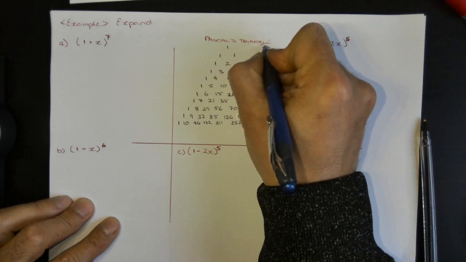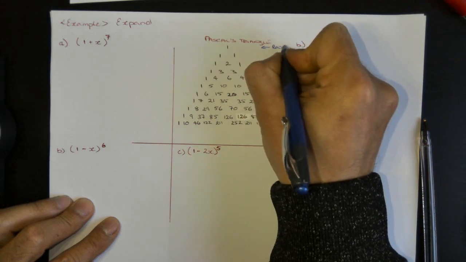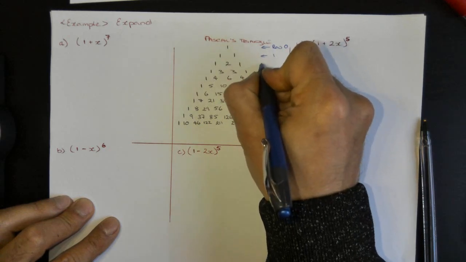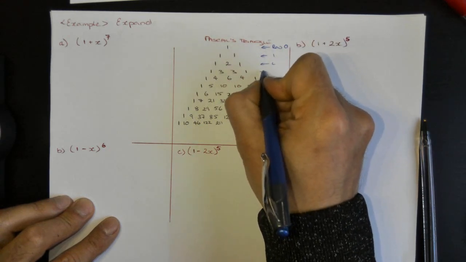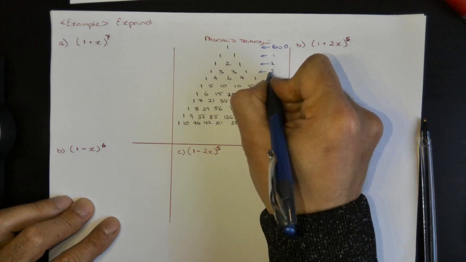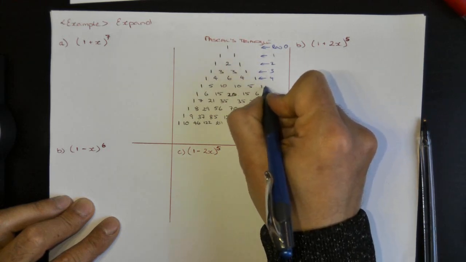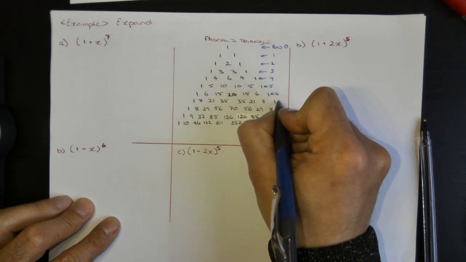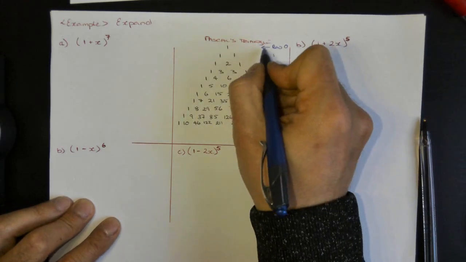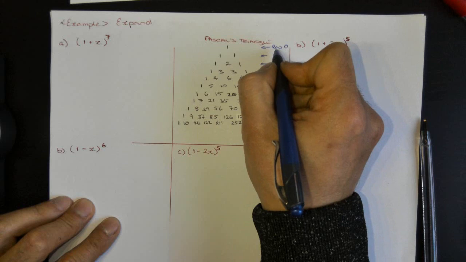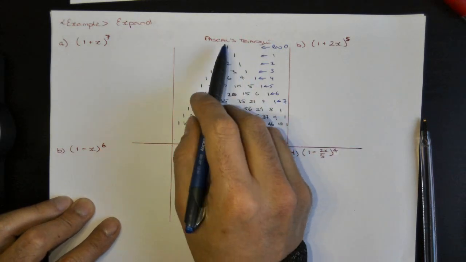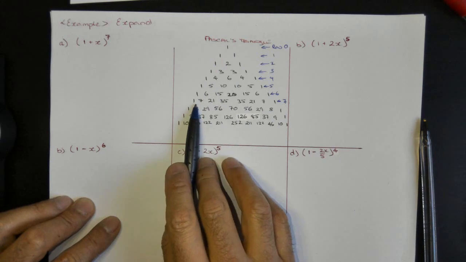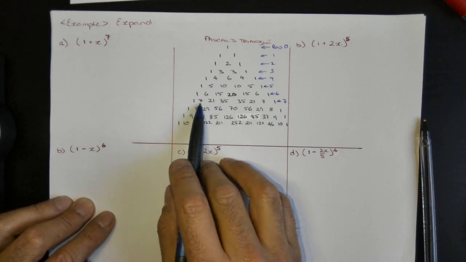So row 0, this is row 1, row 2, row 3, row 4, row 5, row 6, row 7. It's very important to start the first row at 0, and that's because anything to the power of 0 is 1.